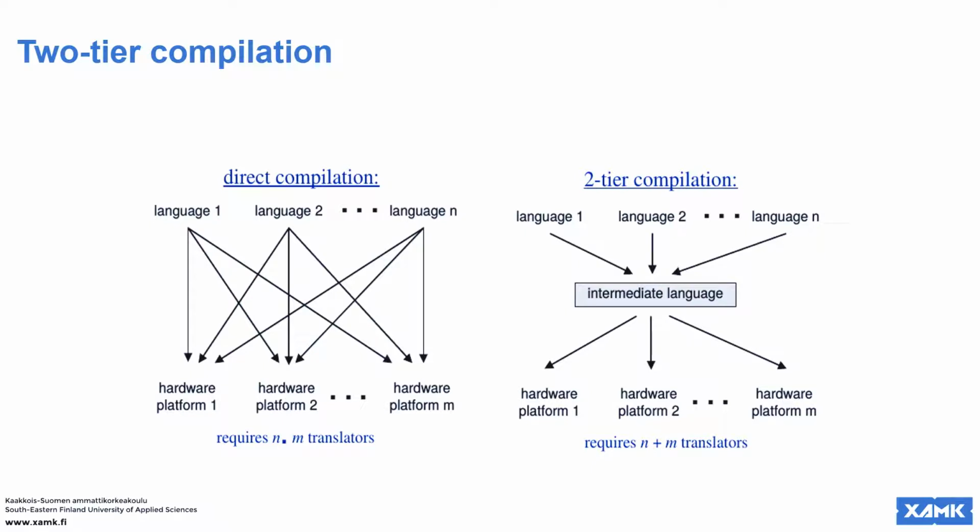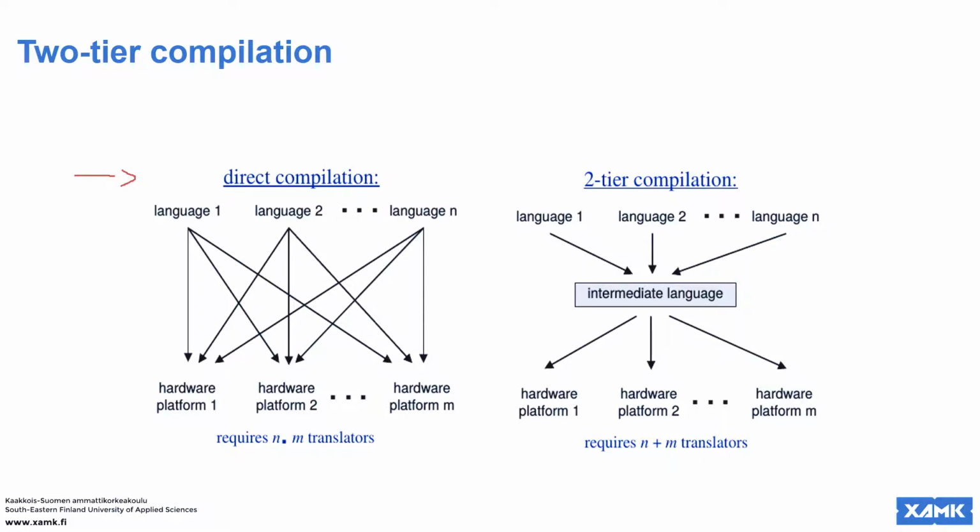So why would some compilation process do compiling twice instead of just once? Isn't that adding complexity? Well, funnily enough, it actually reduces complexity for the following reason. So let's imagine we have what is called a direct compilation on the left.